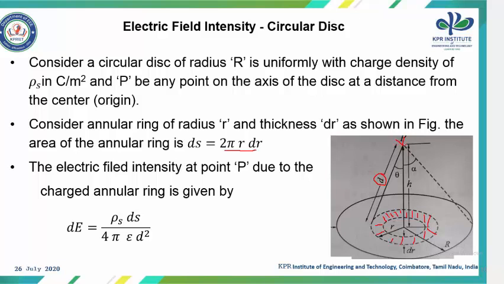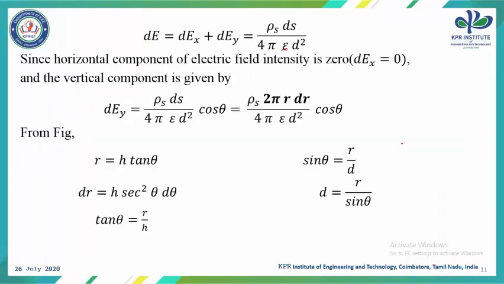So here the horizontal components cancel each other. Therefore we have only the vertical component. The horizontal component, the x component, is equal to 0, therefore dEx equal to 0. You have to find only the y component. The y component is dEy equal to rho s into ds divided by 4 pi epsilon into d squared into cos theta. The concept is the same as the previous case.